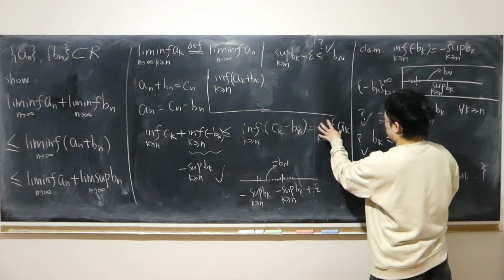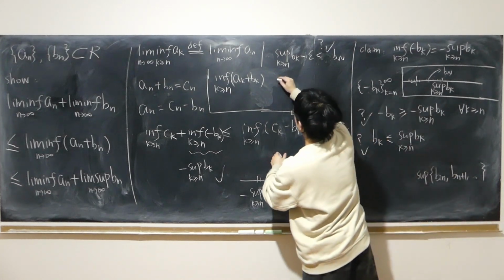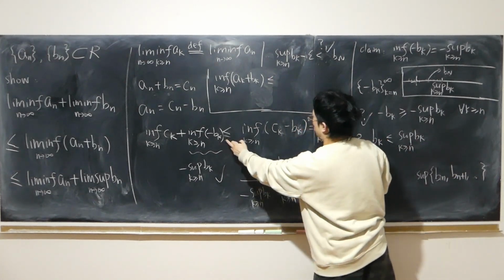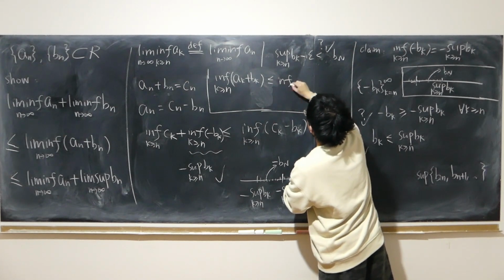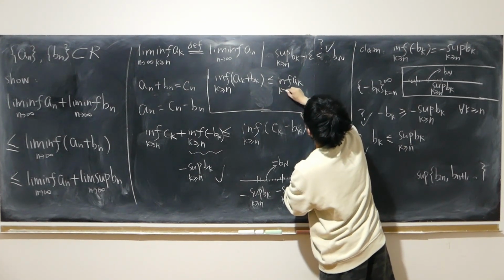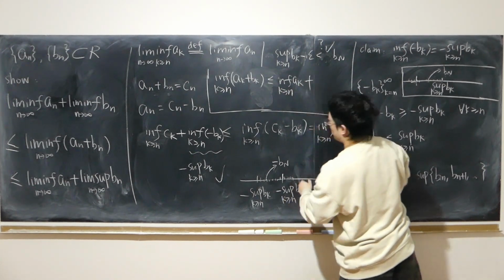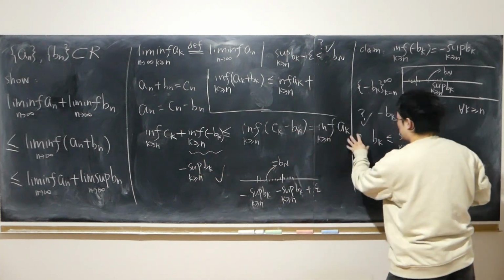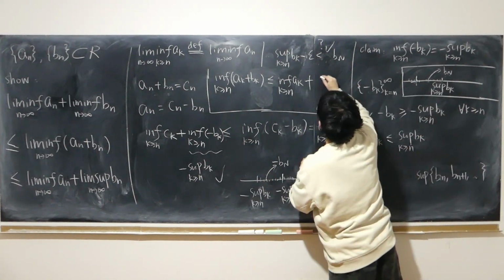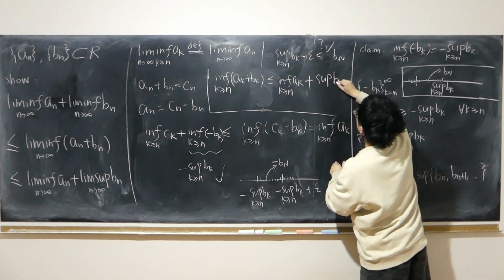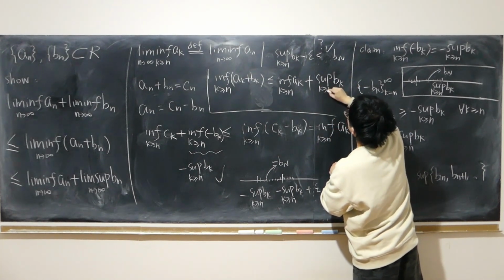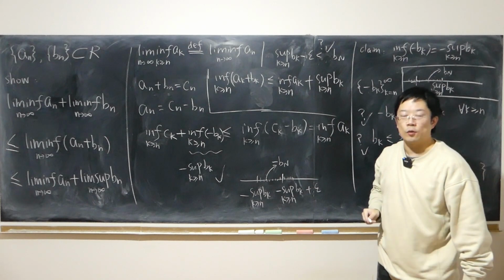So this infimum Ak is smaller than infimum Ak, minus becomes plus, so plus supremum Bk. Right? So again, I'm done.